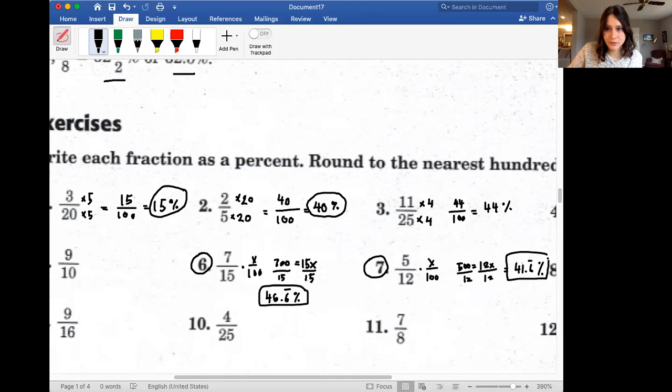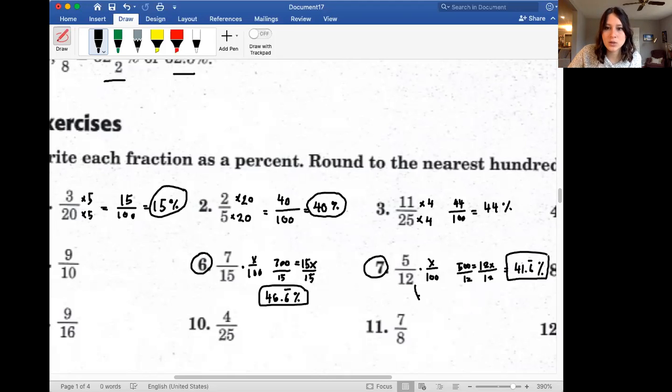So I would not have liked to figure this out by heart because I would not have known what to multiply 12 by to get 100. Or I guess you could have figured out what to multiply it by. You could do 100 divided by 12, right? 100 divided by 12 is 8.3 repeating.